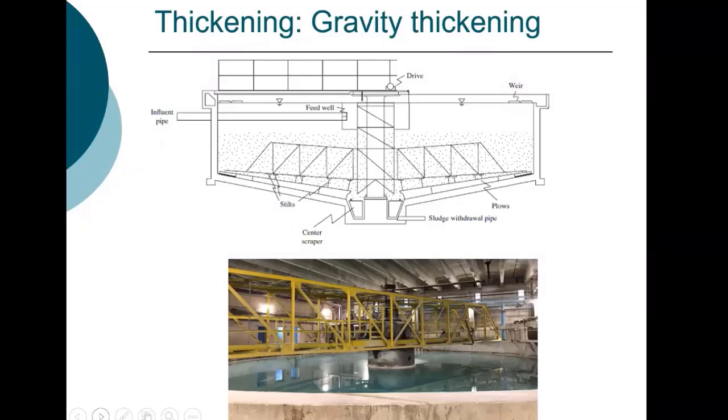So we can actually use this water to help raise the pH. So it's just pumped back to the headworks of the plant. If we can minimize discharge, it saves us money, it saves us processing. If we can reuse it, and so it's actually reused in the plant to help operation.